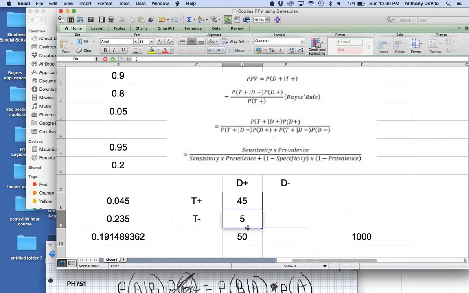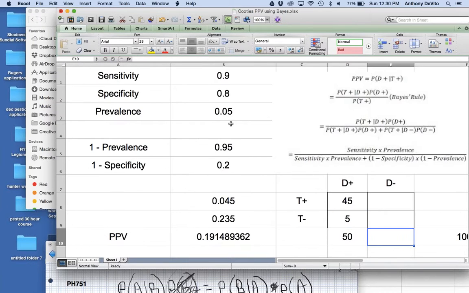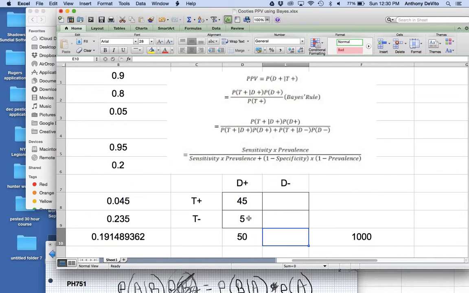So 45, and that would leave 5 people who test negative. Since the test has a specificity of 80%, there's 950 people without the disease. I'd expect it to get it right 80% of the time, 950 times 0.8, so I'm constructing a population that matches that description. And this is just going to be equal to the 950 minus the 760. That's how many people test positive, even though they don't have the disease.